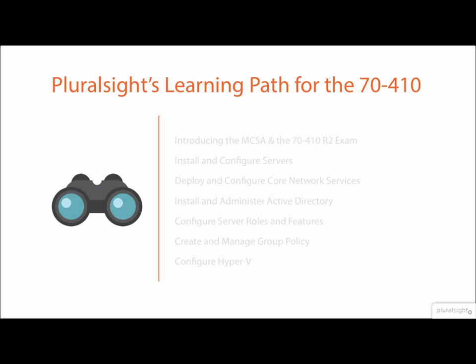Now, if you're just joining us for this learning path, it kind of helps to see where we've come from as we're now approaching the end of this 7410 series. It started out with introducing the MCSA and the 7410 R2 exam and the kind of things that you could expect from that. And then Greg immediately dove in to show us how to install and configure servers and do the installation. I don't know if you noticed then, but it was all virtualized, kind of bringing us back to our current topic.